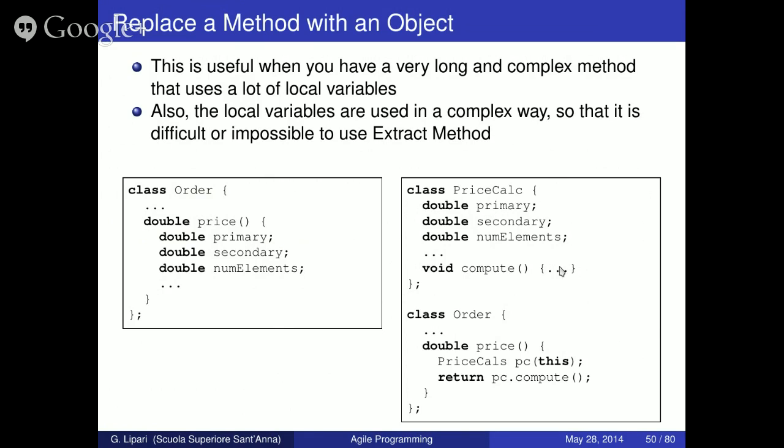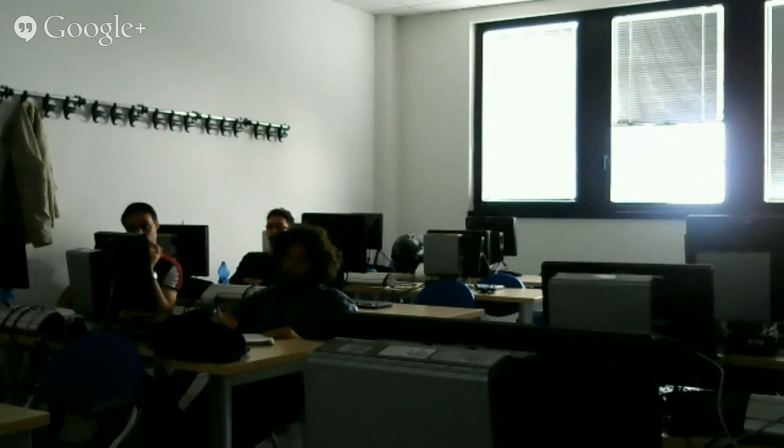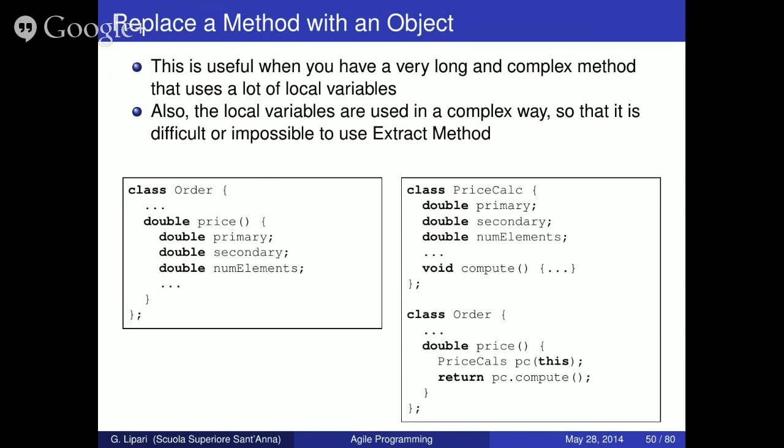Okay? After you do that, this very long compute method can be split more easily inside price calc into separate functions, because these parameters are now member variables, so they don't need to be passed along the different sub functions. Okay, did you get the idea?